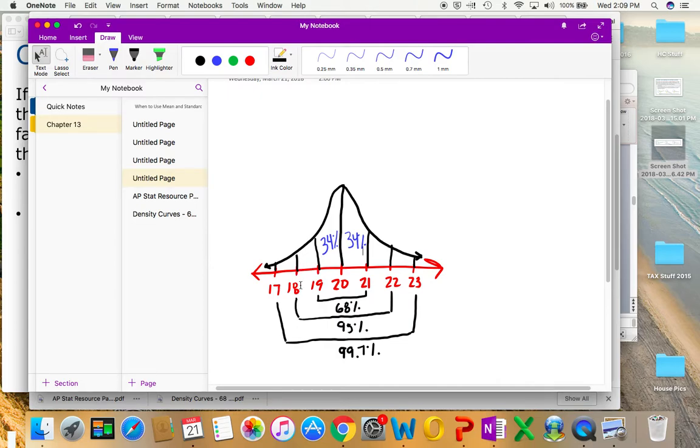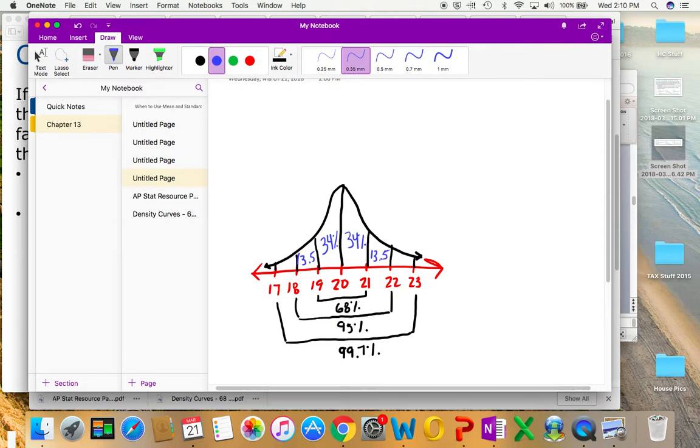Now let's move from left to right. We looked at the previous example in saying that from 18 to 22 is 95. It captures this 68%. So what's left over? 95 minus 68, I have 27% to account for between these two sides. 27 divided by 2 gives me 13.5% in each one of those sections. So from 18 to 19, I have 13.5. Over here, I have 13.5.